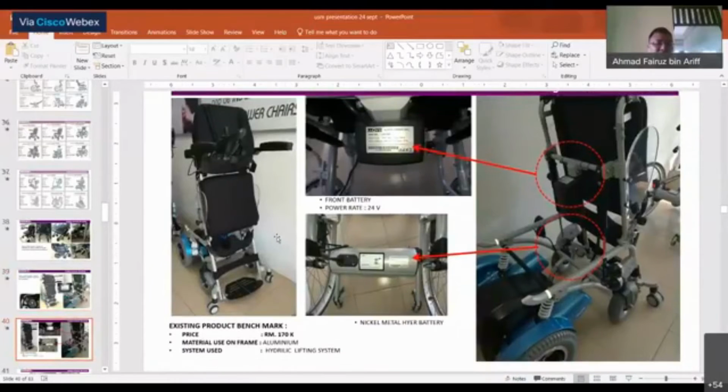For this model, you can see the price is up to 170K, based on the usage of aluminum material, the technology, the motors, and all the gadgets and functionality. It is also customized to certain people. This is what makes things very expensive, even though the customized motors, as you can see, are at the back.